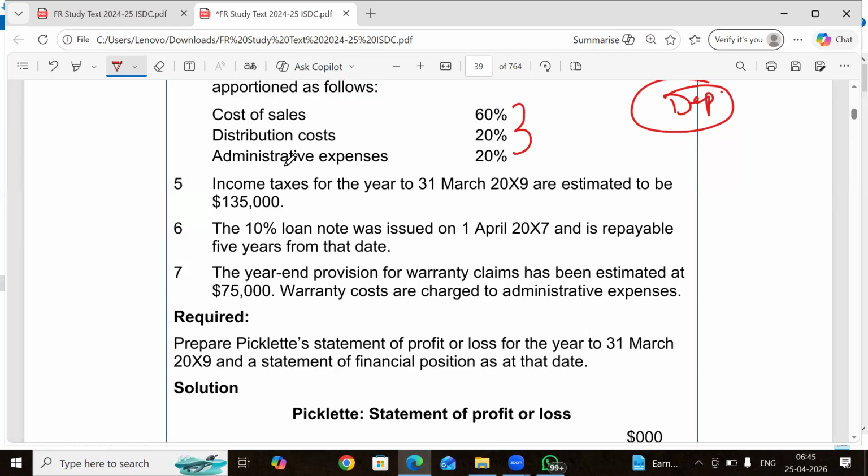Income taxes, they have made an estimate for the current year. Loan note, they will pay in 5 years' time. Warranty provision, the opening balance is already given in the book, and they want to keep it at 75.